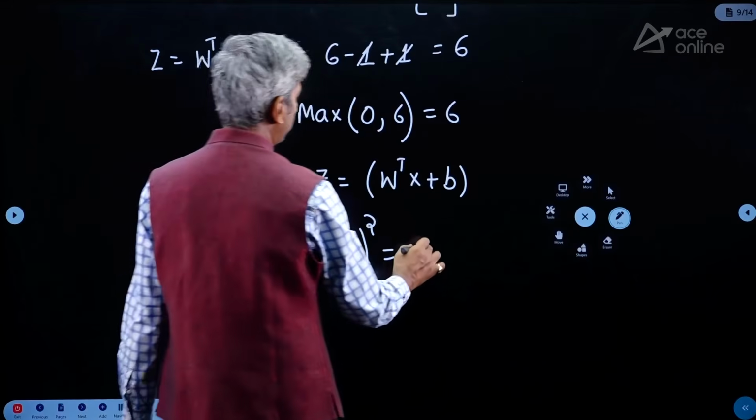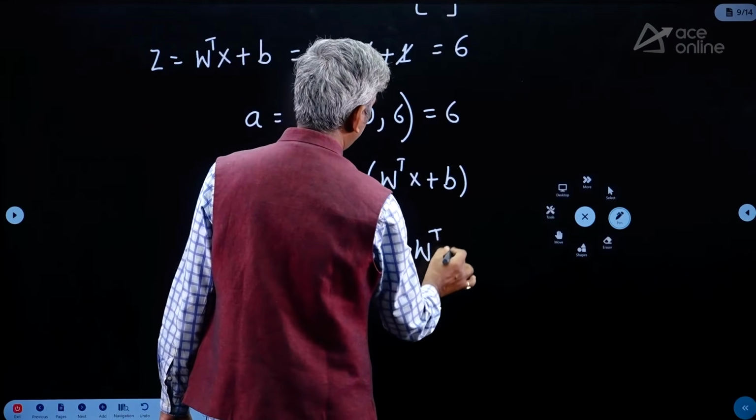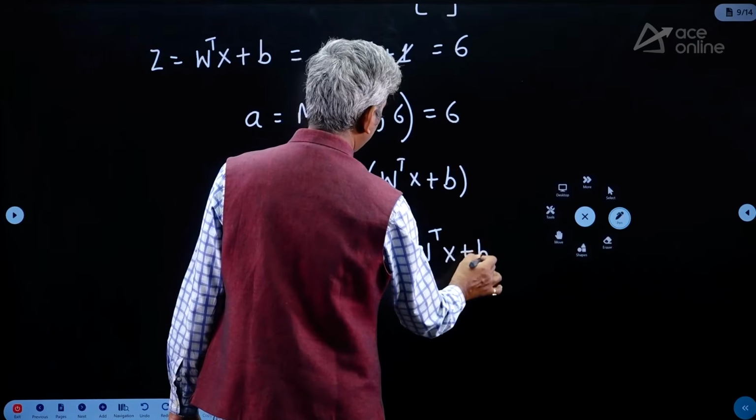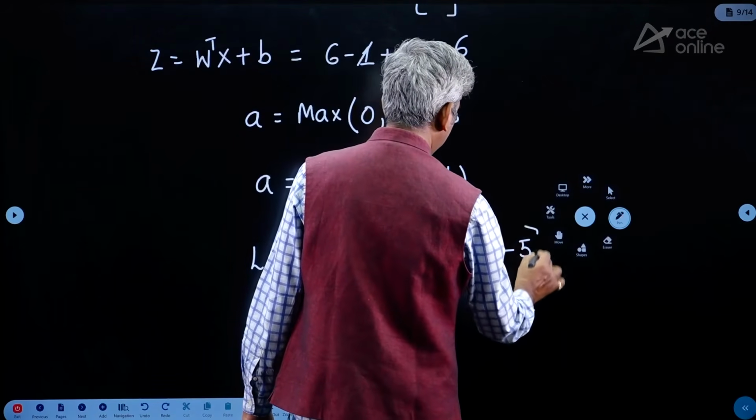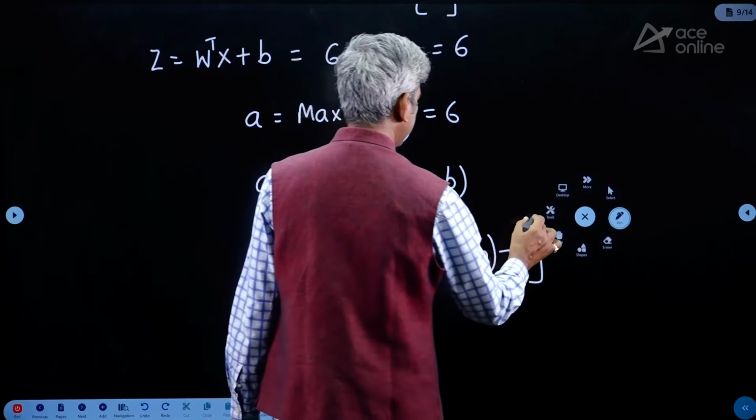So that is equal to W transpose X plus B minus T, which is 5, whole square.